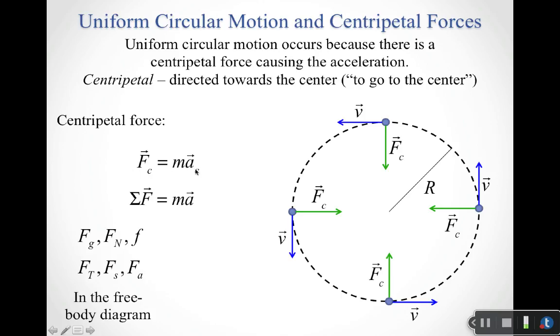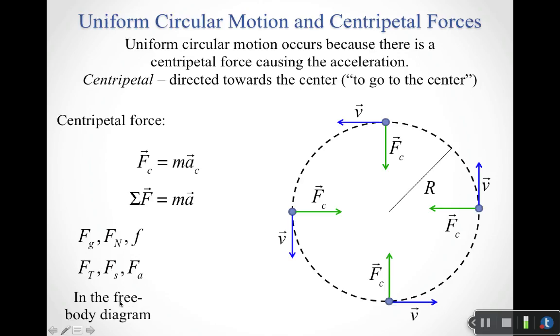When you look at these two equations side by side, the centripetal force is equal to mass times the centripetal acceleration, and we know that Newton's second law is that the net force is equal to mass times the acceleration. So the centripetal force is really just another way of talking about the net force whenever your acceleration is centripetal. If you've got an object that's moving in a circle, the centripetal force is just a way of talking about the net force.